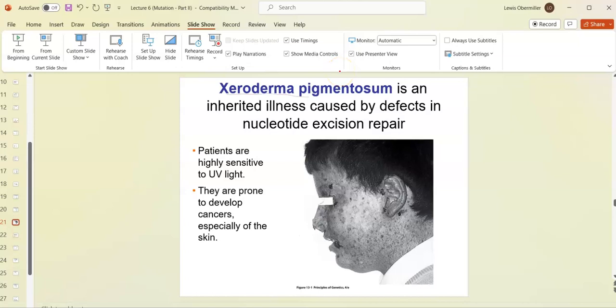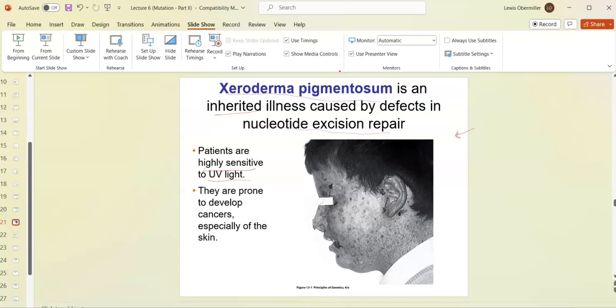So xeroderma pigmentosum is an inherited illness, right, that causes defects in nucleotide excision repair. That means that individuals affected by this genetic mutation, right, it is due to exposure to UV light, but in a normal person, they would be able to repair those thymine dimers. In a person with xeroderma pigmentosum, they don't have nucleotide excision repair to correct this.